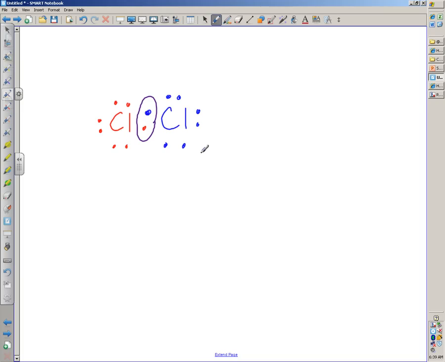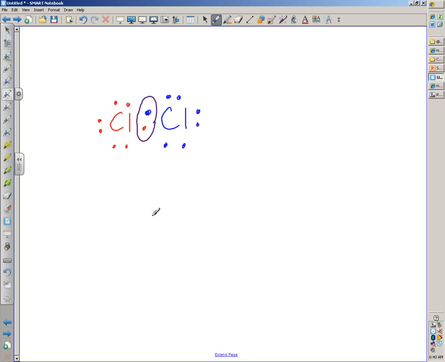Blue chlorine, 1, 2, 3, 4, 5, 6, 7 valence electrons. If you count this electron right here, which again technically belongs to the red, but now is entered into this sharing situation, it now has 8 as well. So they have this mutually agreeable situation where they both end up with 8 valence electrons.